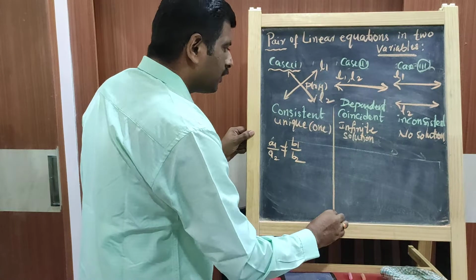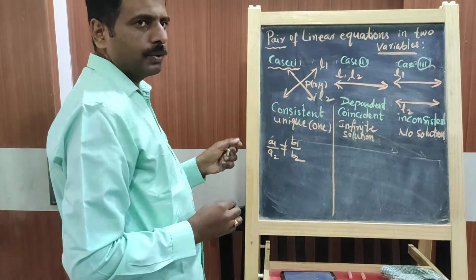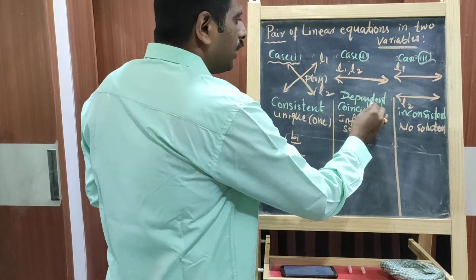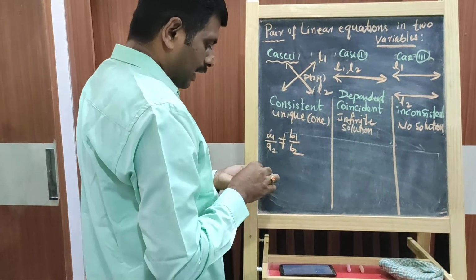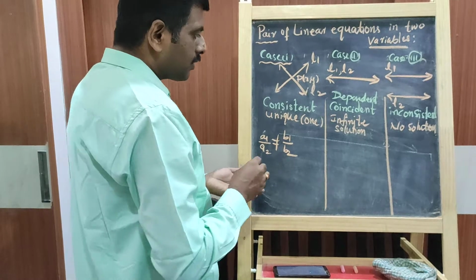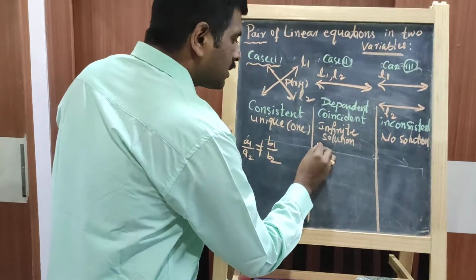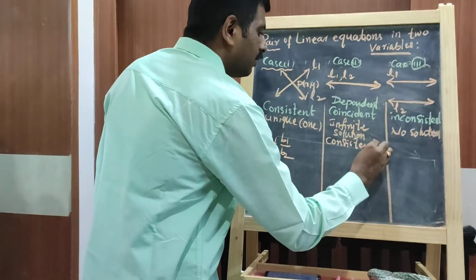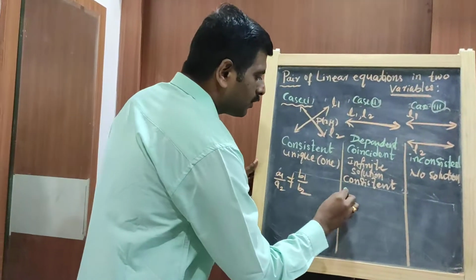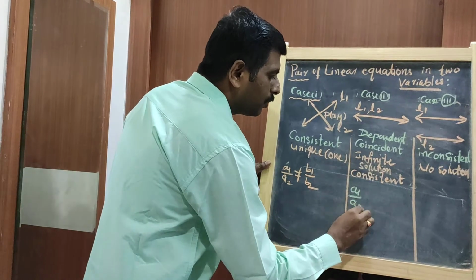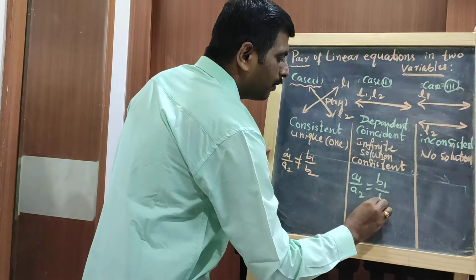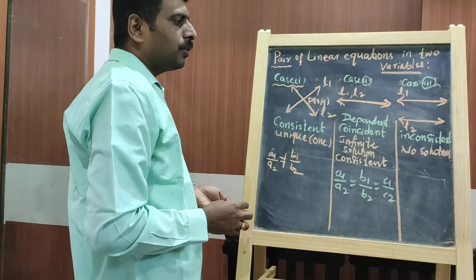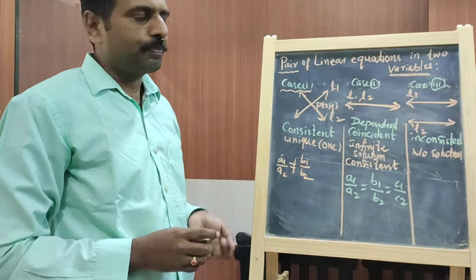This is the condition for a consistent unique solution. The second is dependent and coincident lines, also called consistent. Here the condition is a1 by a2 equals b1 by b2 equals c1 by c2. All the ratios are the same.